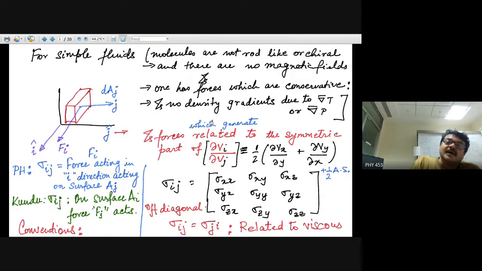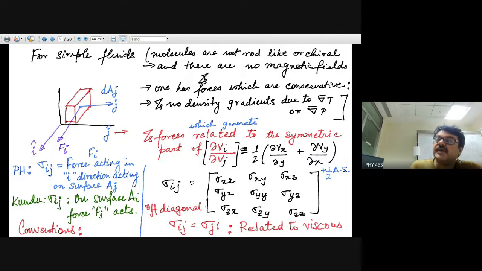Then we'll be discussing those viscous forces which create deformation, which are related to the symmetric part of the stress tensor. It is experimentally seen that the forces which cause deformation are related to the symmetric part of the velocity gradient tensor.